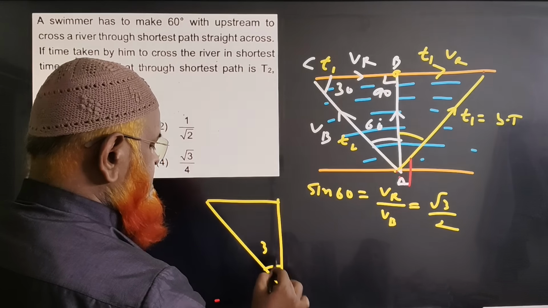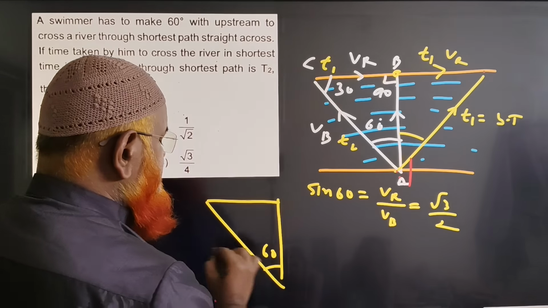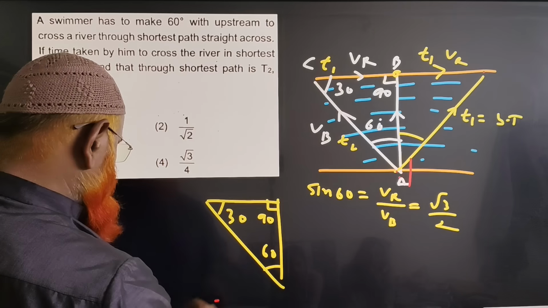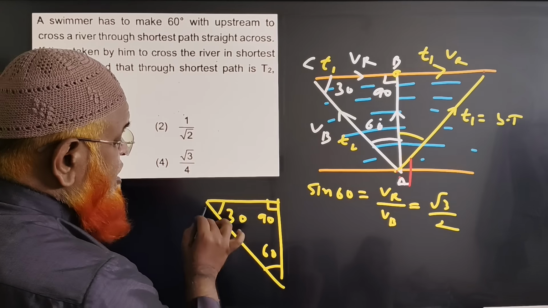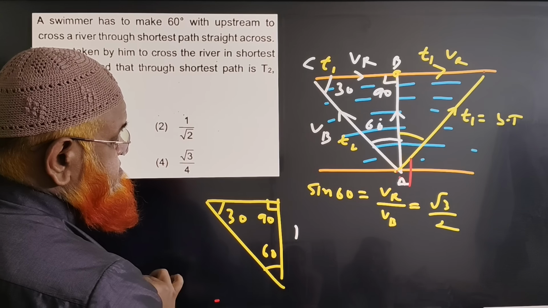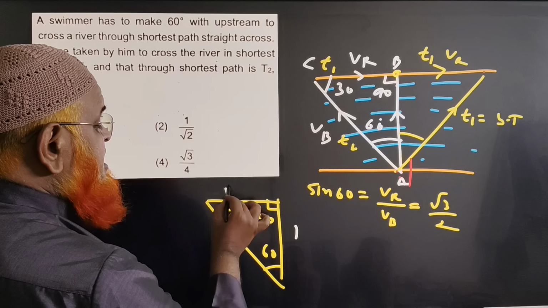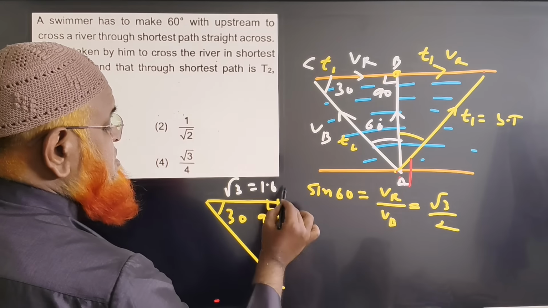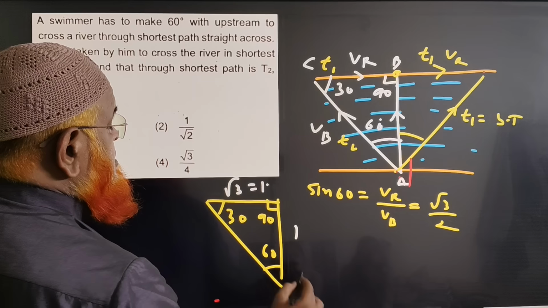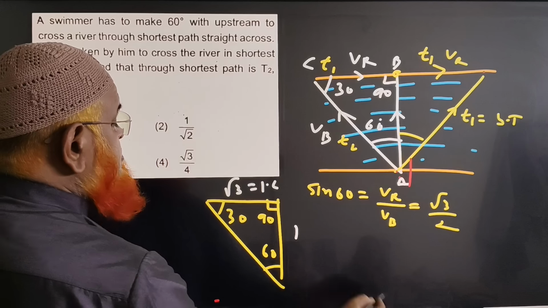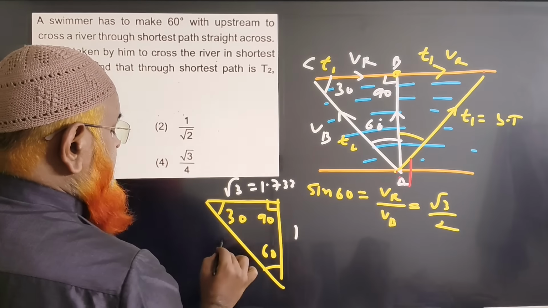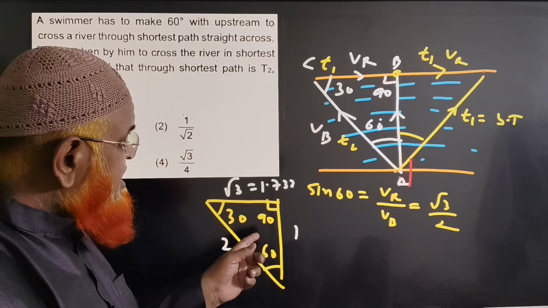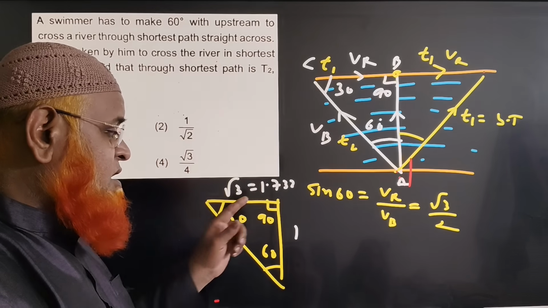If this is 60 degrees, this is 30 degrees, and this is going to be 90. Along the smaller angle, 1; a little bit larger angle, root 3, which is 1.73; and this is going to be 2. Shorter angle, shorter distance. A little bit larger angle, a little bit longer distance.